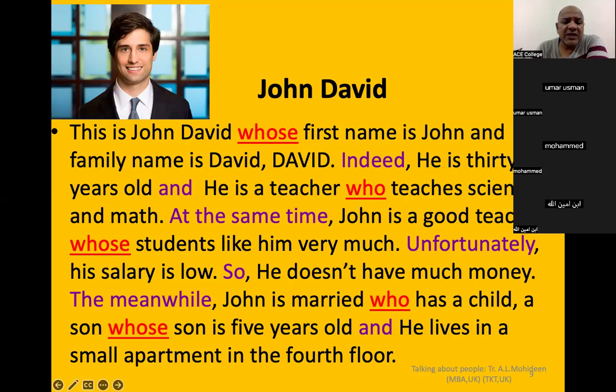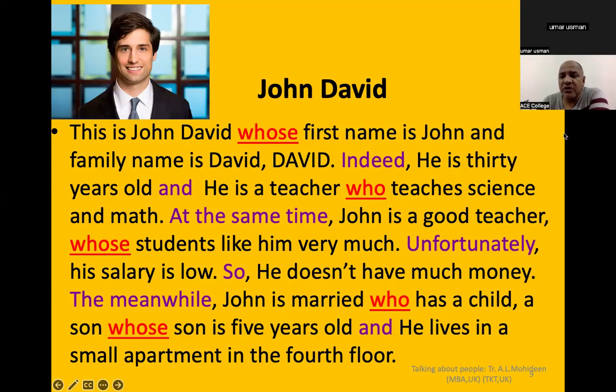Unfortunately, his salary is low, so he doesn't have much money. Meanwhile, John is married and has a child, a son, who is 5 years old, and he lives in a small apartment on the fourth floor. So this is the information that we are going to share in terms of John David's presentation.